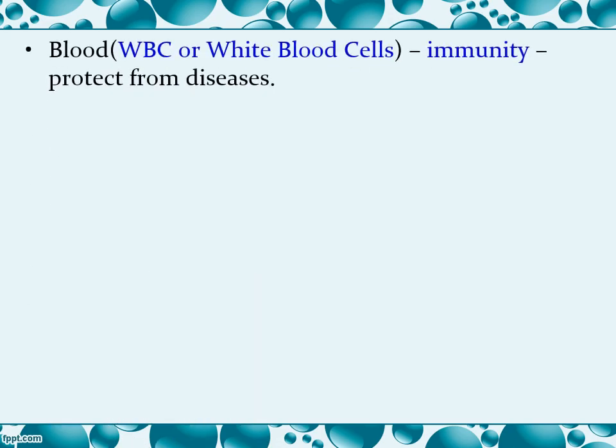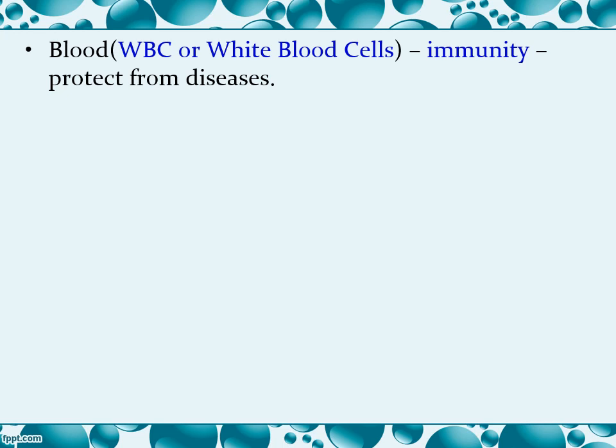Let us continue to learn about the different functions of blood. There are three types of blood cells in the blood. The first one is RBC or red blood cells. The second one is WBC or white blood cells. The third one is blood platelets. Moving on to the function, the blood provides immunity and protects us from diseases.